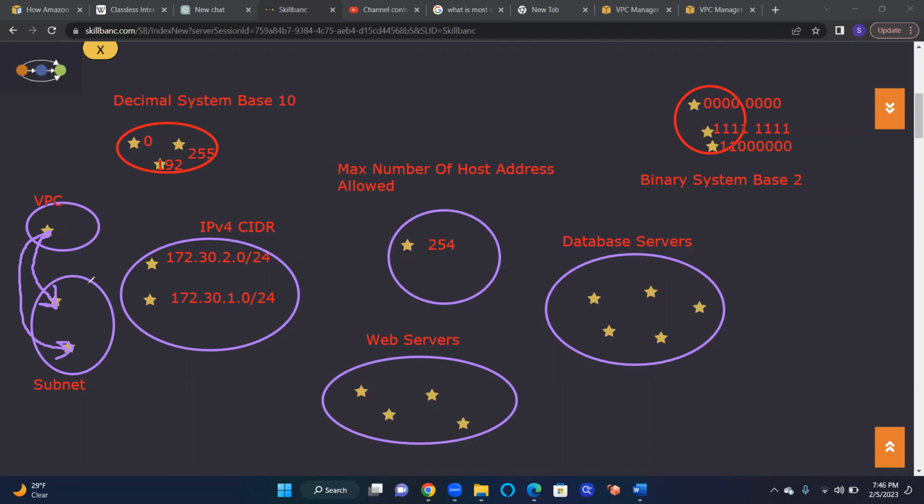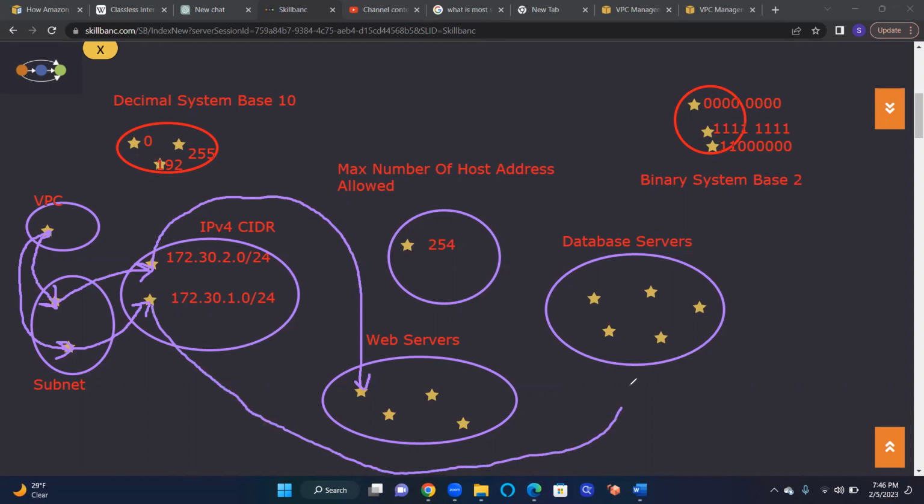And for each subnet, we have to define the IP address block. In this IP address block, I can use this for my web servers, and this one I can use for my database servers. The maximum that I can have in here will be 254, and the same, 254.